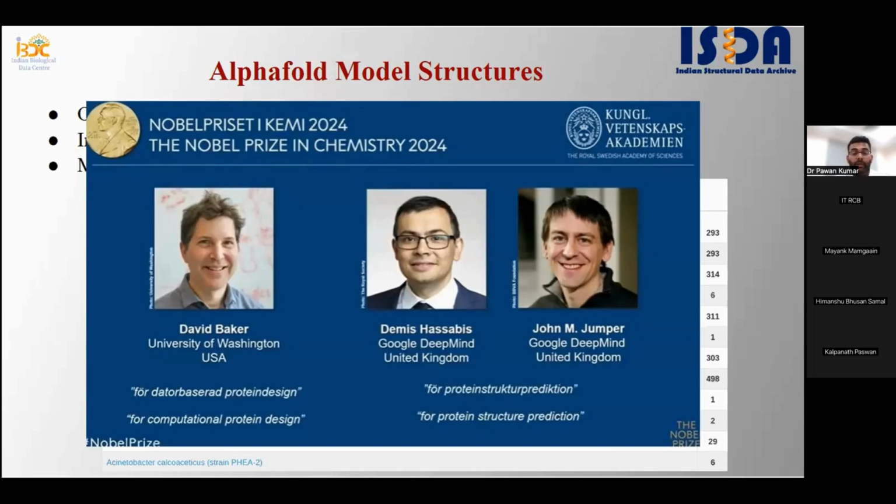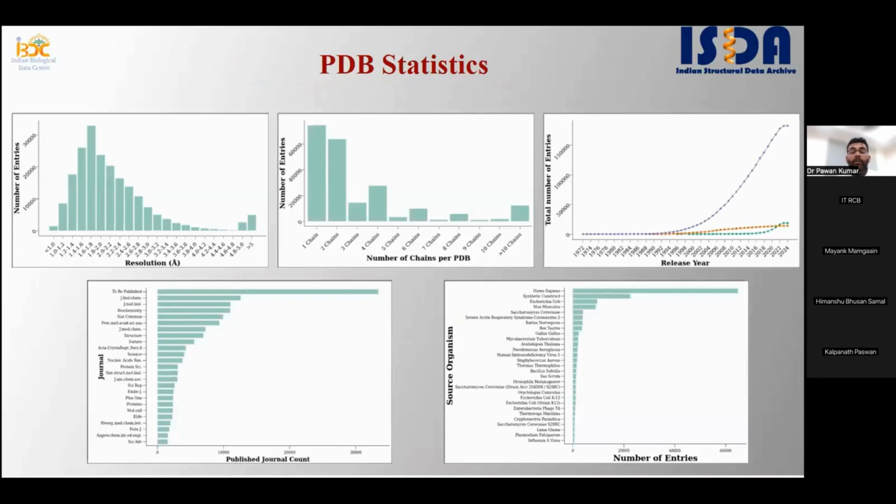Very recently the Nobel Prize in Chemistry 2024 was given for protein design as well as protein structure prediction. One part was given to David Baker, and the second part to the Google DeepMind team, who designed the AlphaFold model to predict very accurate protein structures to serve the community.